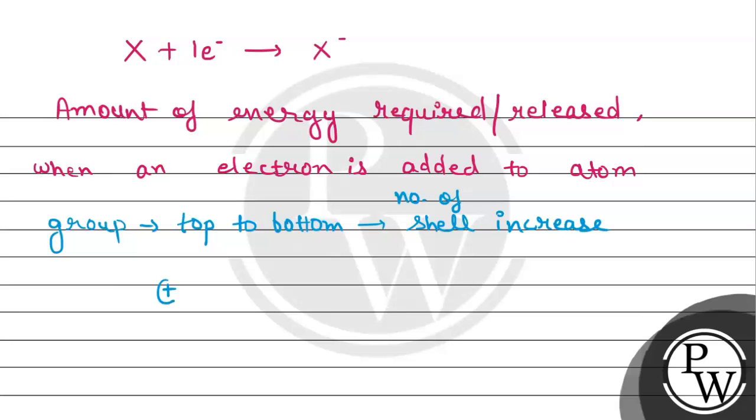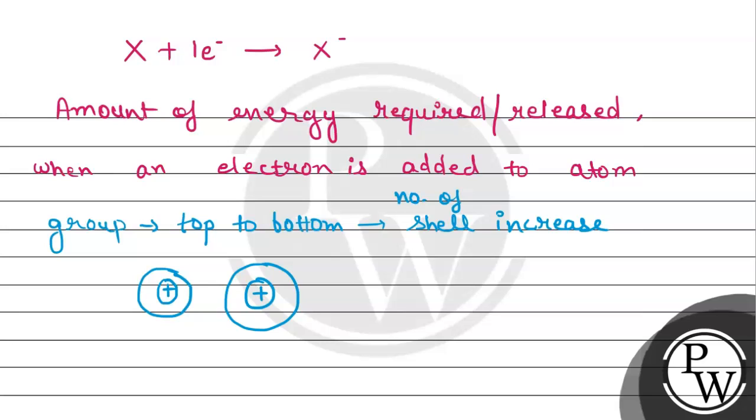Let us say we have an element in which this is the nucleus, and this represents the number of shells. So whenever we move from top to bottom, the number of shells increases by 1.